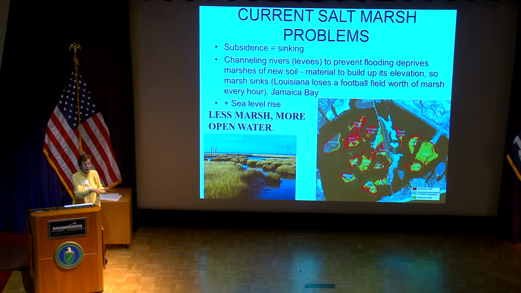But what has been happening, for example, in Louisiana for a century perhaps, is that there's not enough sediment coming into the marshes in southern Louisiana to keep up. And so the marshes are sinking.